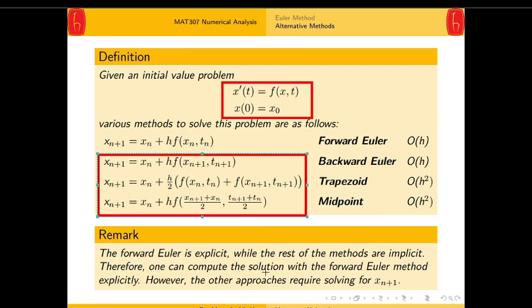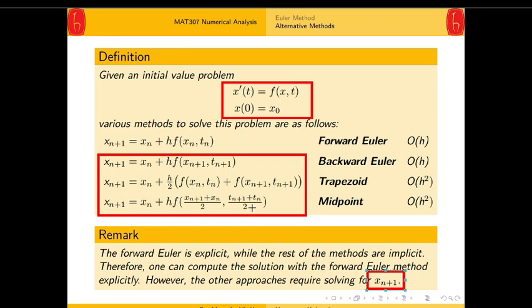Therefore, one can compute the solution with the forward Euler method explicitly, which means we can compute the solution immediately. However, the other approaches require solving for xn plus 1. Solving for xn plus 1 is not a problem if the function f is a linear function of x.